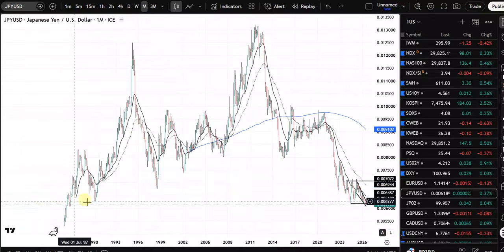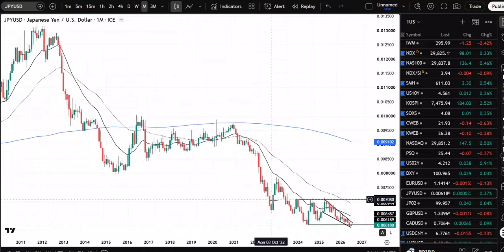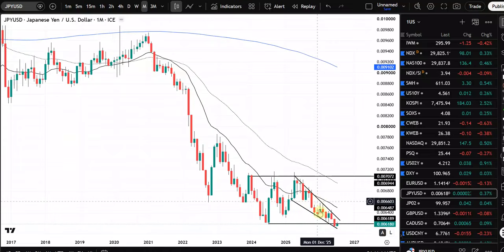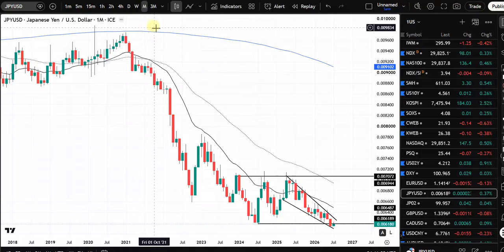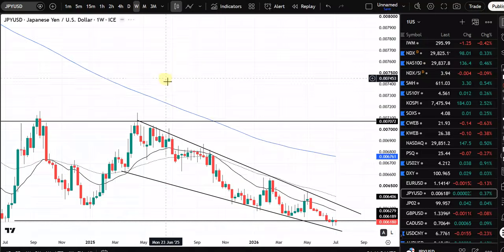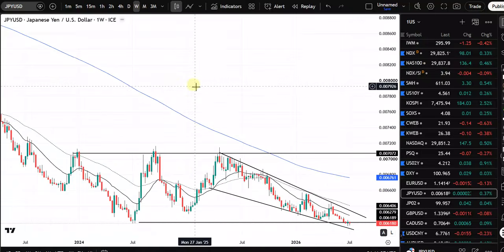You see it's only forming a bit of a declining channel. It hasn't broken yet, but declining wedge, sorry, which when broken is bullish. And it's just hanging on there.